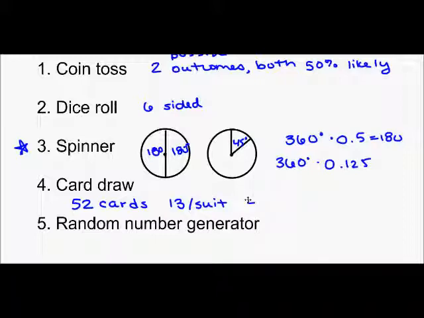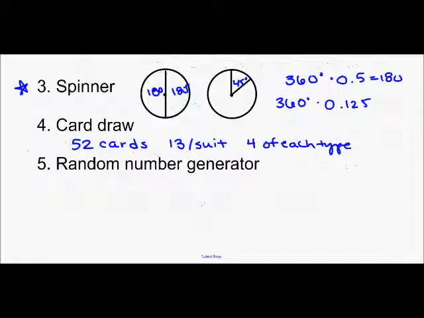And you have 4 of each type, so you have 4 kings, 4 queens, jacks, 2s, 3s, all 4 of those. The last one that you'll also see in class a little bit is the random number generator. You can do that with your calculator, or by pulling numbers out of a hat, but a random number generator.